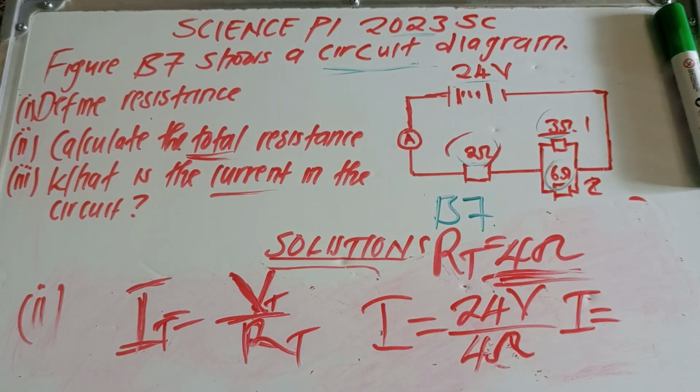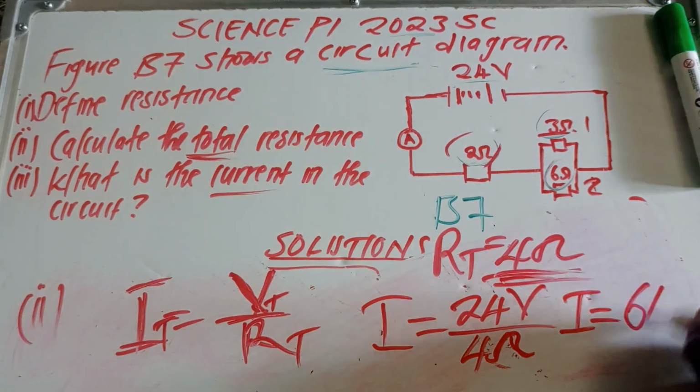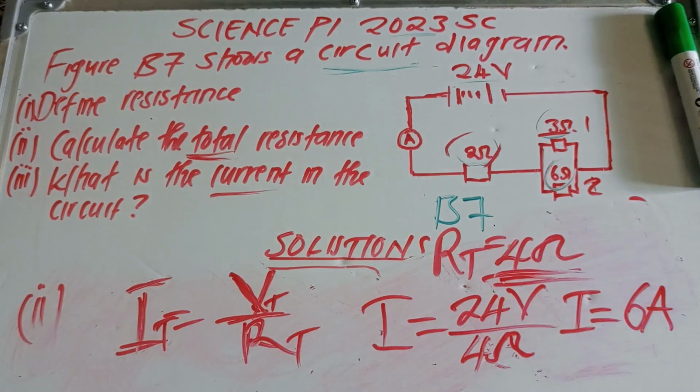If you punch your calculator, you're going to find that it is 6. And then the SI unit for current is capital letter A, which is amps or amperes. So this is how we go about this question.